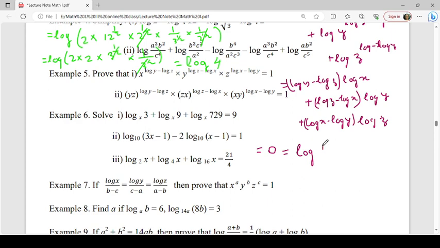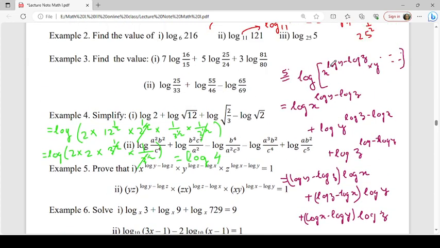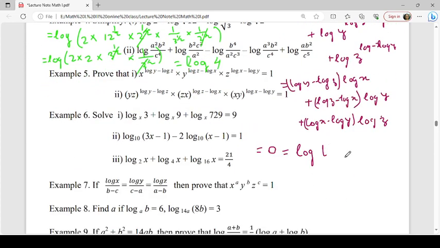So the log of the left hand side is equal to log of 1, which means the left hand side must be equal to 1. It is proved.